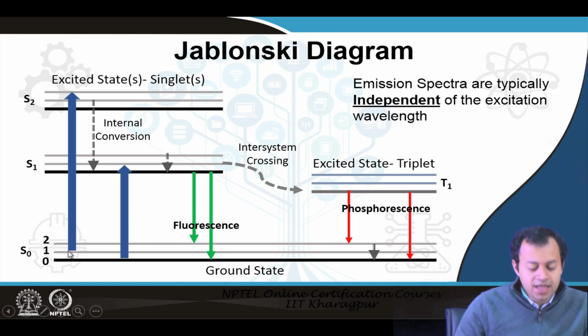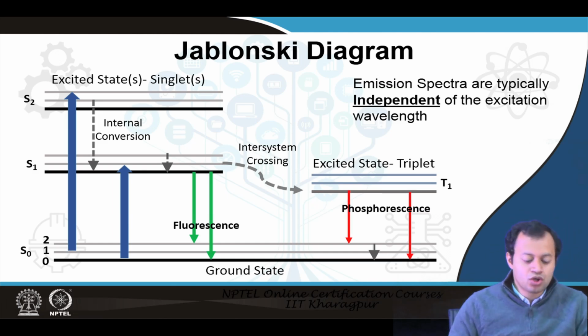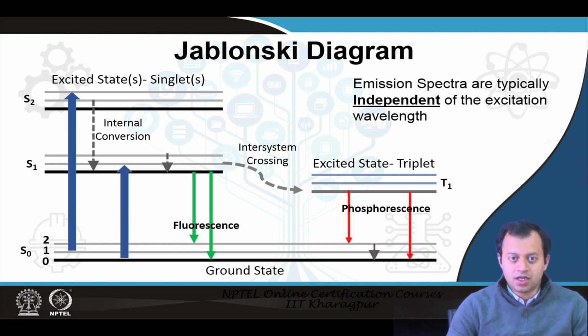So, as long as you have covered the threshold distance of S0 to S1, the ground state to first excited state, it does not matter, it is independent of the excitation wavelength. So, this absorption energy, as long as it is above this threshold, does not matter, you will keep seeing the same fluorescence, because transition from S2 to S1, S3 to S1 does not cause fluorescence. They are highly unstable, the electron can simply shake and jump back to the next level.